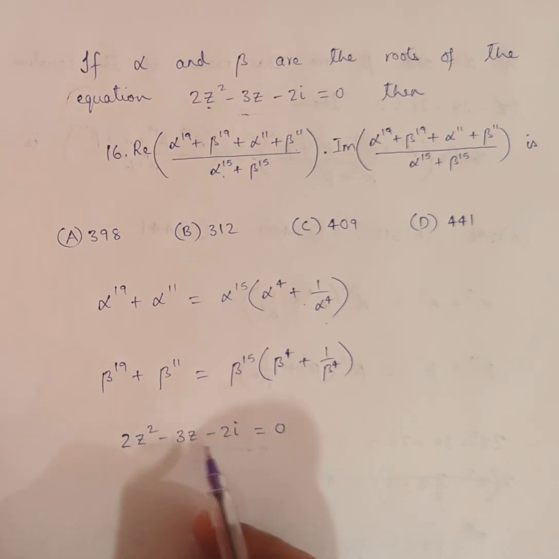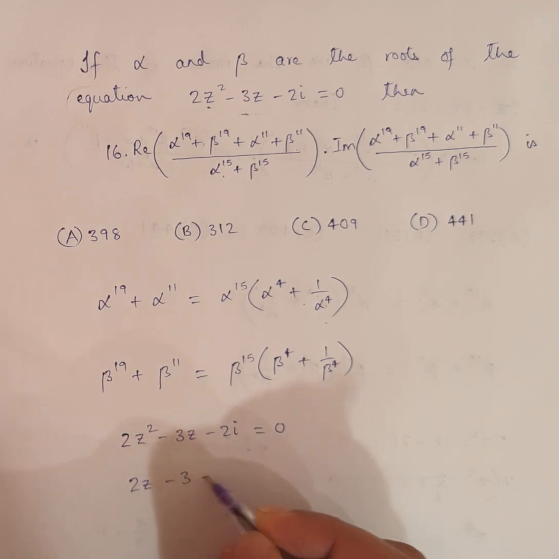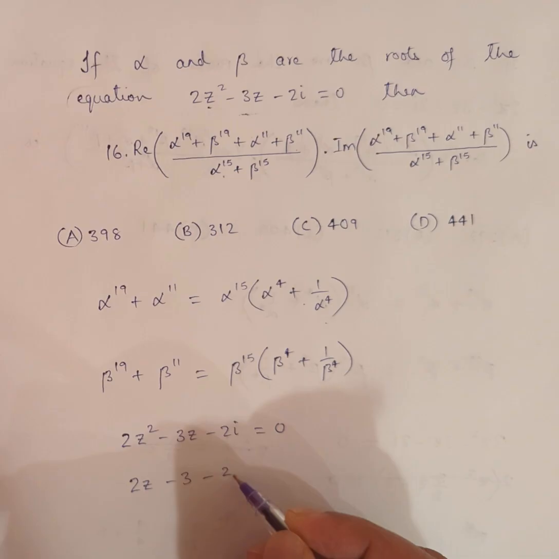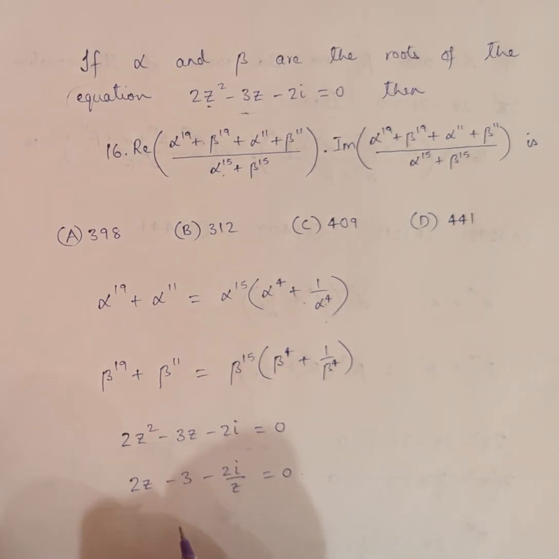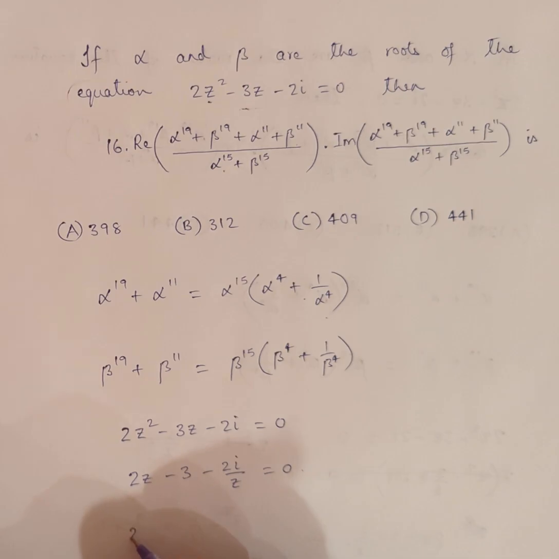If I were to divide both sides by z, then what I'm going to get is 2z minus 3 minus 2i over z equal to 0. Or in other words, let's take this negative 3 over to the other side and then you can factor the 2. So z minus i over z is equal to 3 over 2.